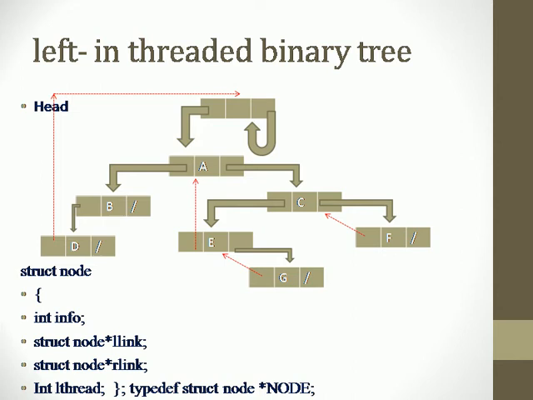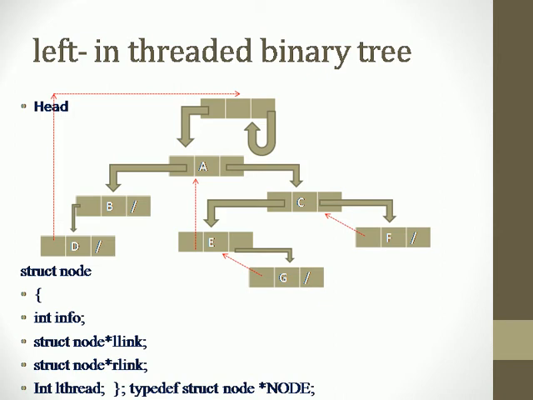Then E has its left link null, and it is joined to its in-order predecessor node A. G has its left link null, and it is joined to E by a red dotted line, as E is the in-order predecessor for G. Now next is F, which has its left link null. So it is replaced with a thread shown by a red dotted line joining F to C, because C is the in-order predecessor node for F. So this is how you can create a left in-threaded binary tree.